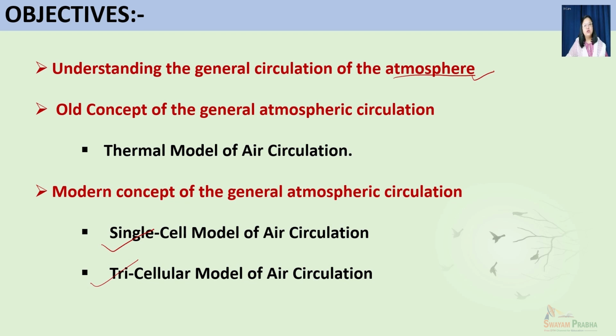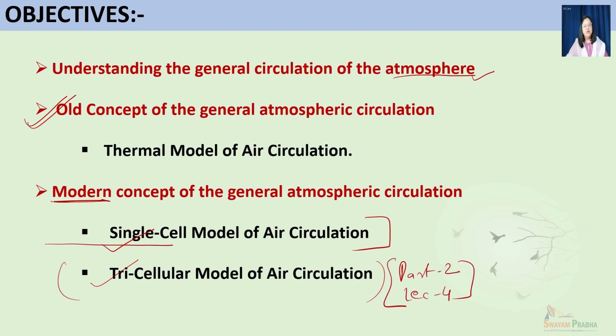But in this particular video, that is part 1 of lecture 4, we will be discussing the old concept, and under the modern concept, we will be discussing the single cell model of air circulation. The tricellular model of air circulation will be discussed in part 2 of lecture 4. So let's start with the discussion of general atmospheric circulation.